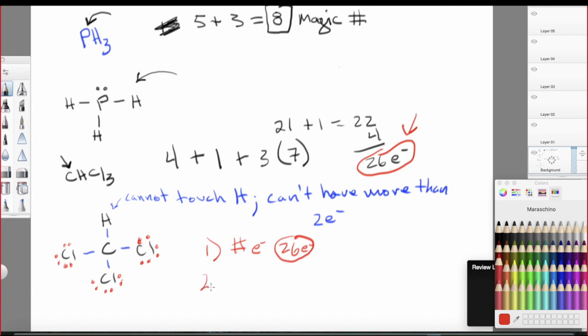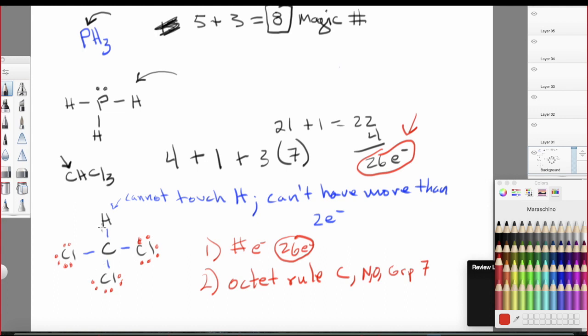The second test that we do is make sure that we're not violating the octet rule. And this is mainly going to apply to carbon, nitrogen, oxygen, and then the group 7 elements.